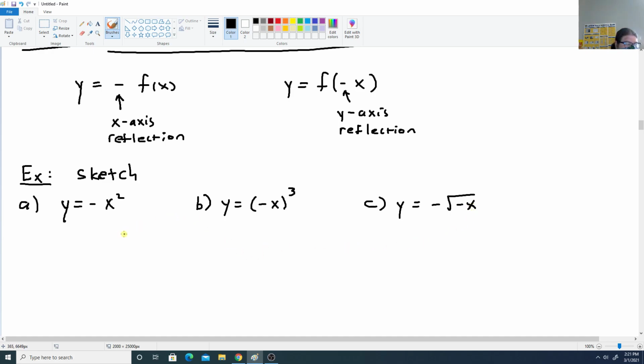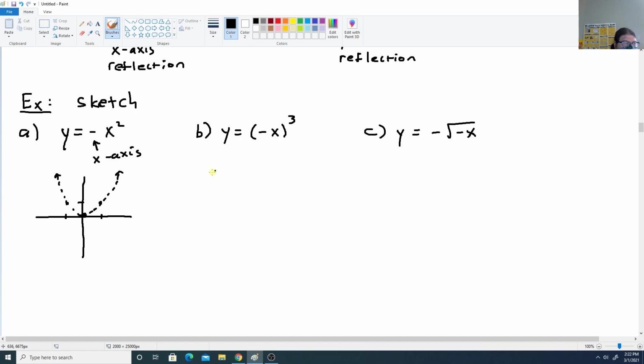So for part A, the negative is on the outside, so this is going to do an x-axis reflection. I'm going to draw my starting function, x squared, in with the dotted line. So this is my dotted beginning graph. And again, we want to note x squared goes through points negative 1, 1 and positive 1, 1, and the origin.